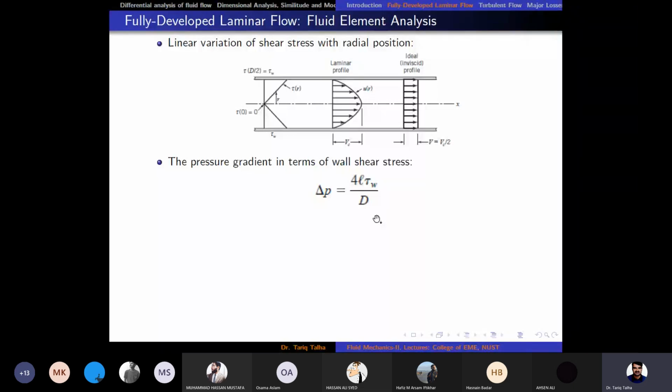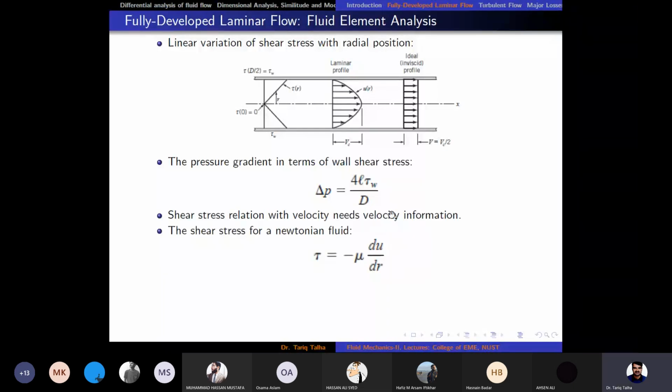We also need the relation between delta P and tau in terms of velocity, so we incorporate the velocity using that relation. This minus sign is due to the coordinate system we are choosing, because du upon dr would always be a negative value, since u has its maximum value at r equal to 0 and decreases as r increases.